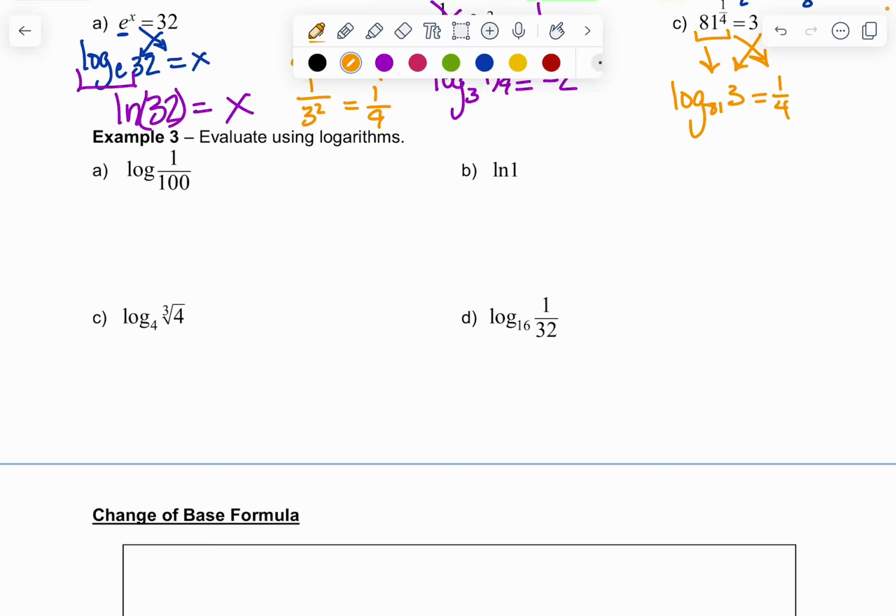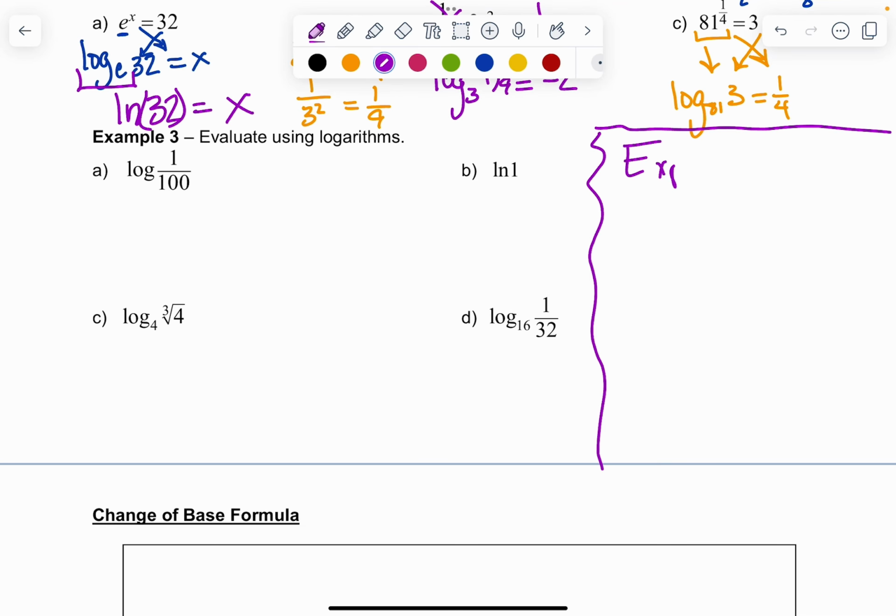I was reading back over some old notes, and this is just kind of an aside, but it said that exponential functions are repeated multiplication. I'm going to run out of room.